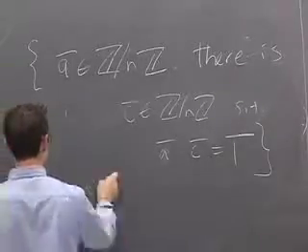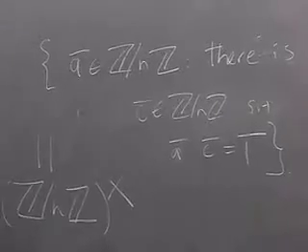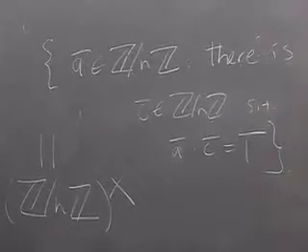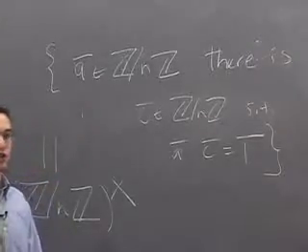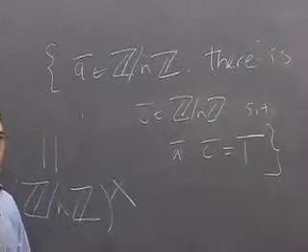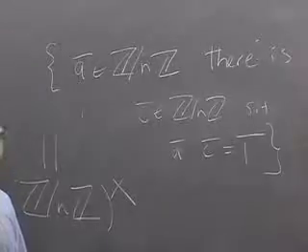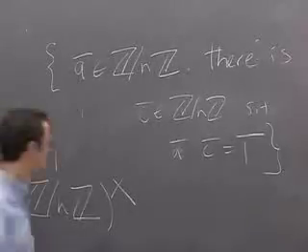Z mod nZ cross. This should be a familiar notation to you, because when we talked about the real numbers and the complex numbers, we added a cross to denote the non-zero elements. Well, those are exactly the elements which have inverses. So this is an entirely consistent notation.